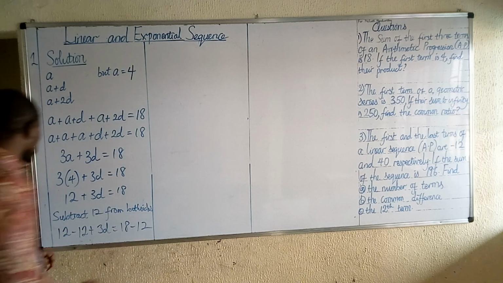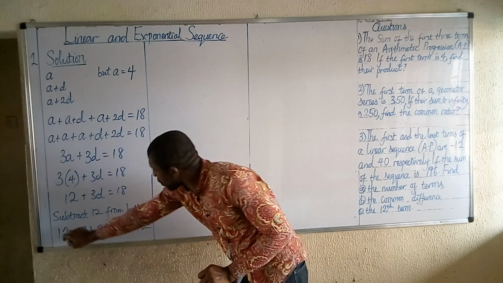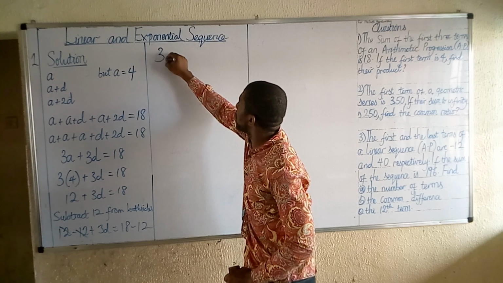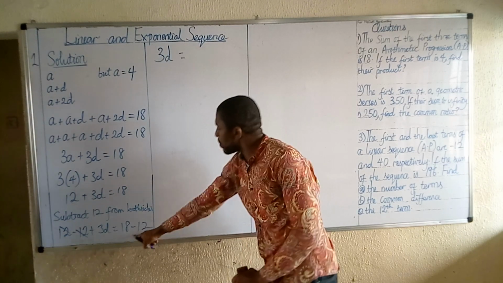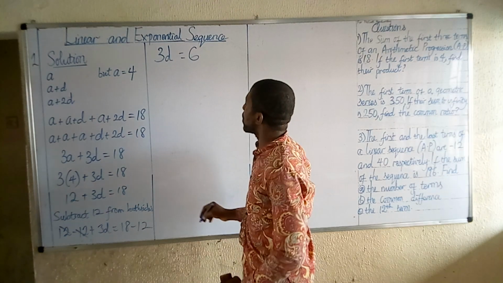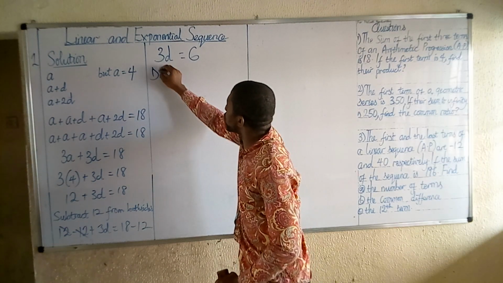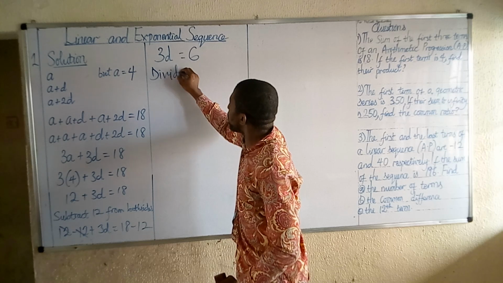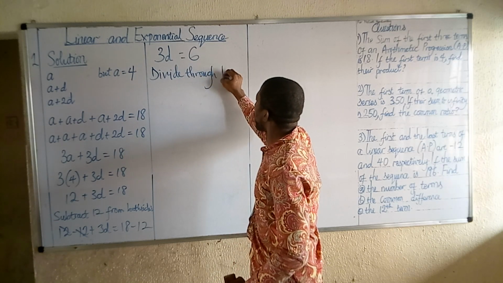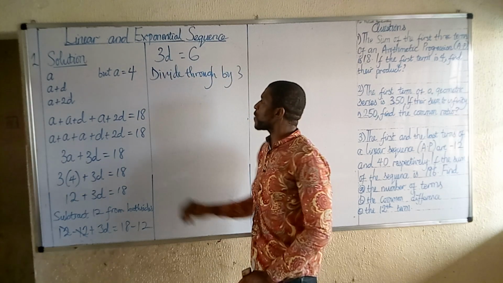So 12 minus 12 will give us 0. What is left is 3D equal to 18 minus 12, which is now going to give us 6. Divide through by 3, which is the coefficient of D.